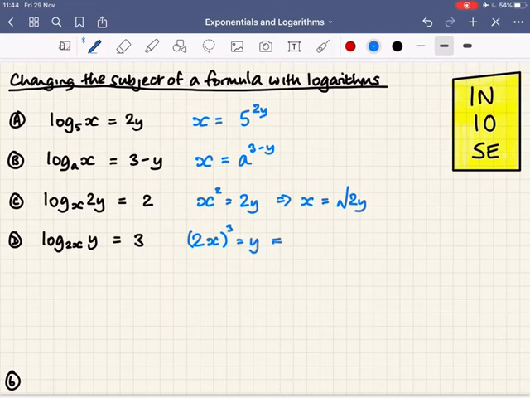If I expand that out, I get 8x cubed equals y. So x cubed must equal 1/8 y, and that means x must equal the cube root of 1/8, which is a half, and then we can just put the cube root of y there for good measure. Okay, so we can change the subject of the formula quite nicely there.